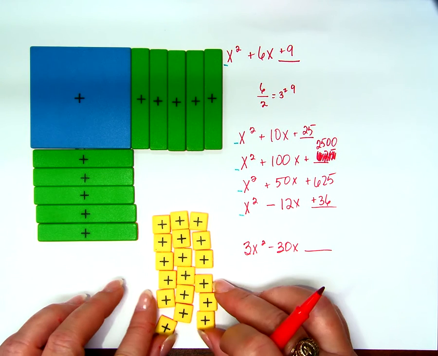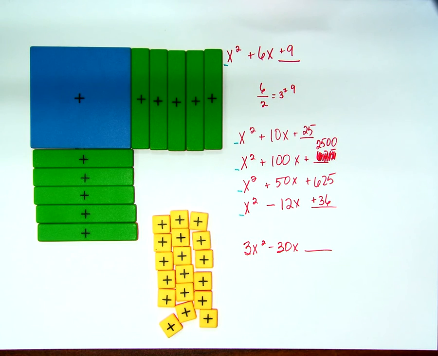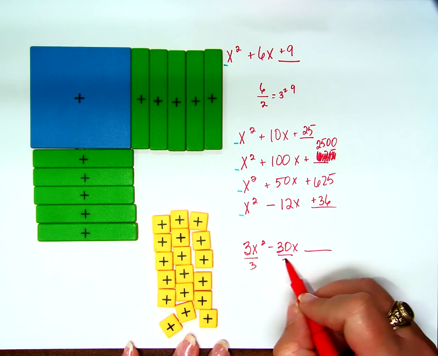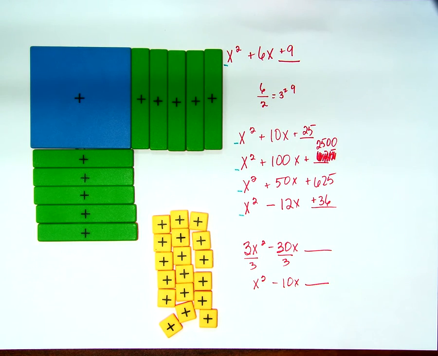In fact, I have to. I have to divide everything by 3. I have to basically factor out a 3, right? So if I factor out a 3, divide each term by 3, I get x squared minus 10x. Then I have my blank.